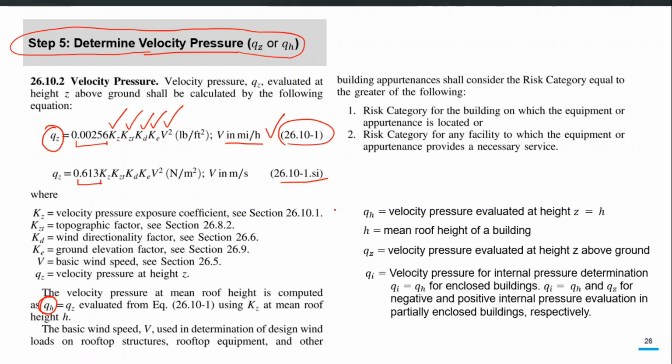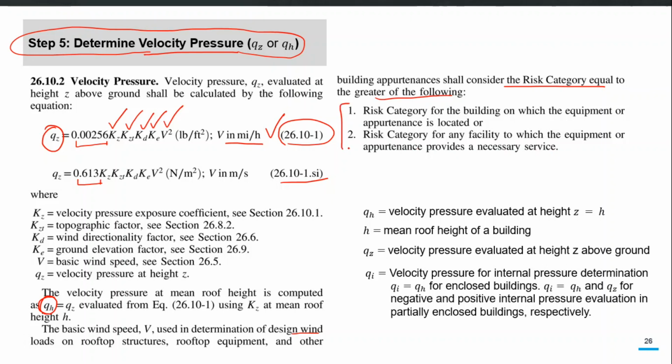We should note that the basic wind speed used in the determination of design wind load on rooftop structures, rooftop equipment and other buildings shall consider the risk category equal to the greater of the following: the risk category of the building on which that equipment is installed, and the risk category of any facility to which the equipment or appurtenance provides a necessary service.